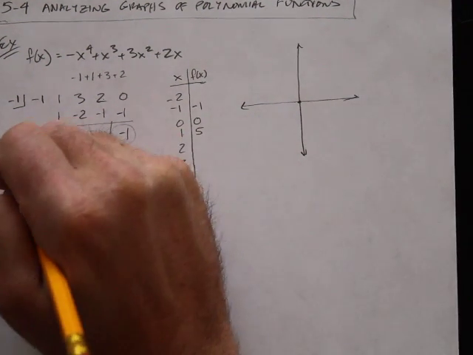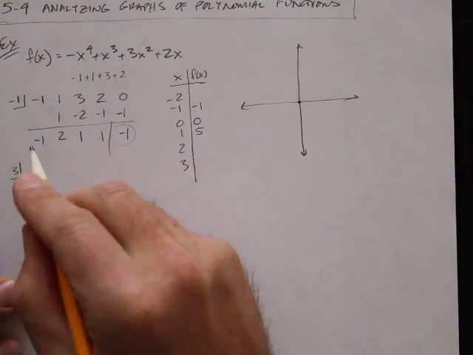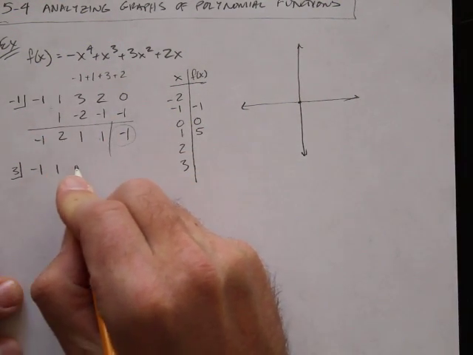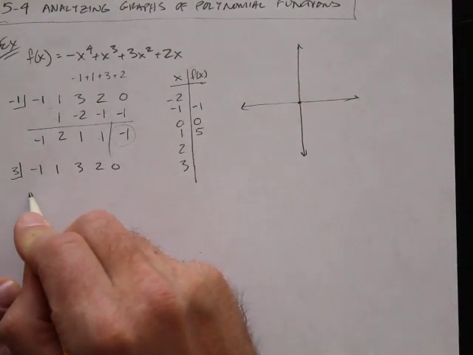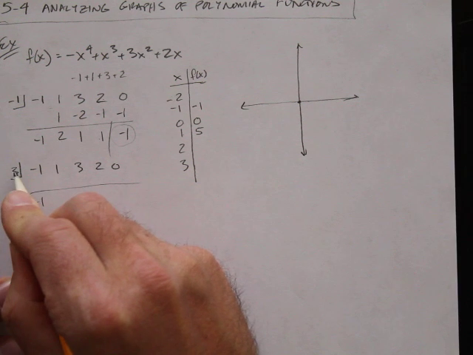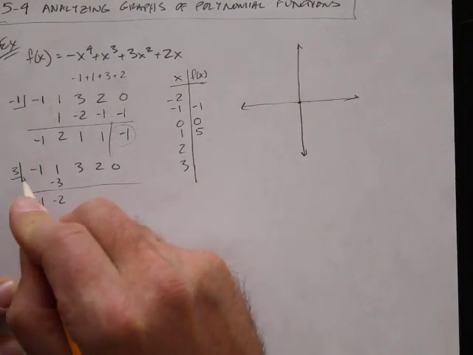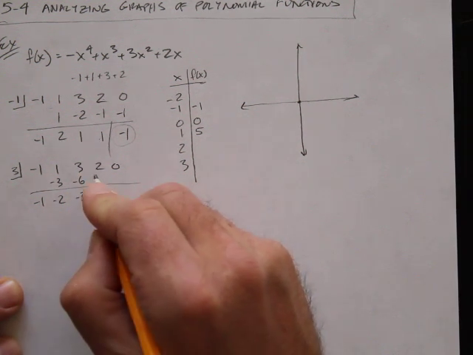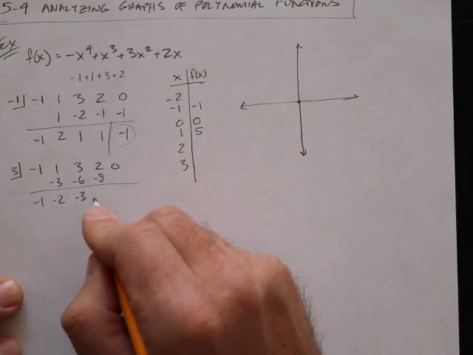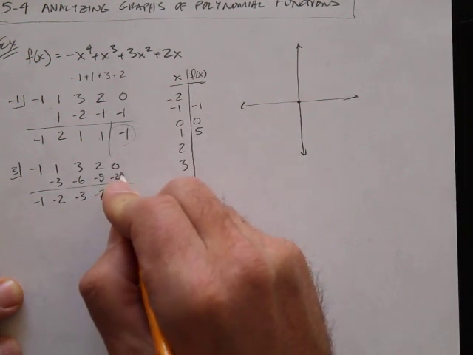Let's plug in 3. I'm going to do the same stuff on top. -1, 1, 3, 2, 0. 3 times -1 is -3, plus 1 is -2, times 3 is -6, plus 3 is -3, times 3 is -9, plus 2 is -7, times 3 is -21.